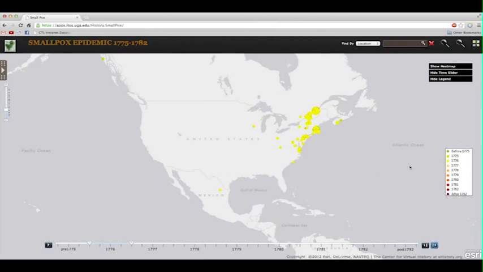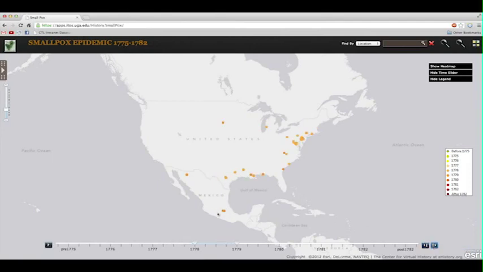You can see it exploding. So this is the siege of Boston, and then some Patriot troops move up the St. Lawrence and lay siege to Quebec, bringing the virus with them, and that's what you see there. And then it starts to move down the coast and down to the Gulf Coast around here. We have fewer records there.